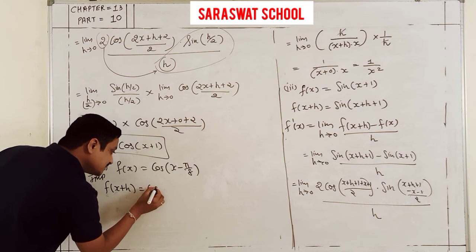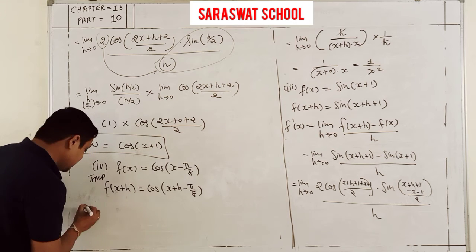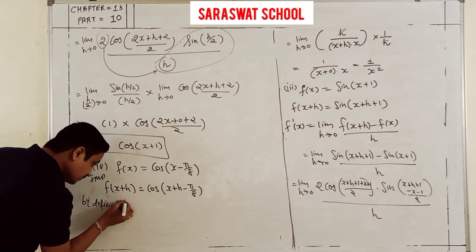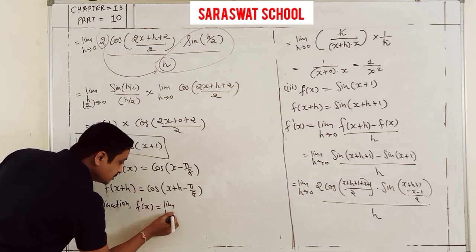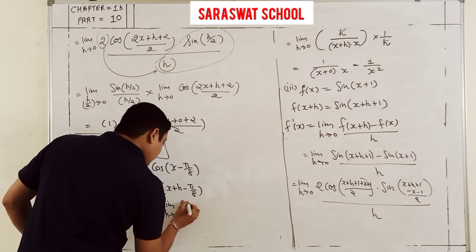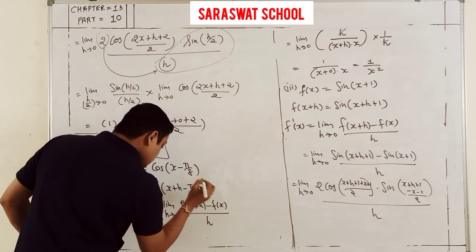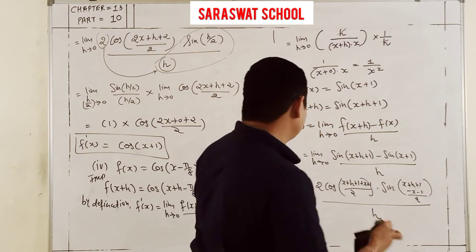f of x plus h is cos of x plus h minus pi by 8. So by definition, f dash x is limit h tends to 0, f of x plus h minus f of x by h, and apply that one by one with systematic values.